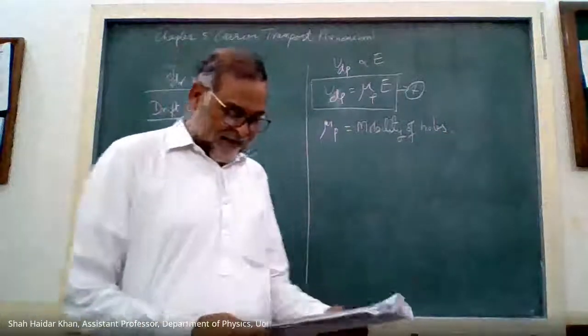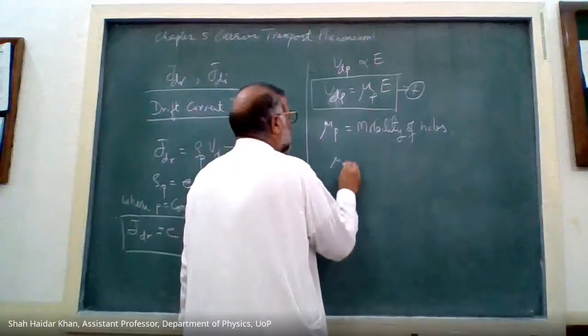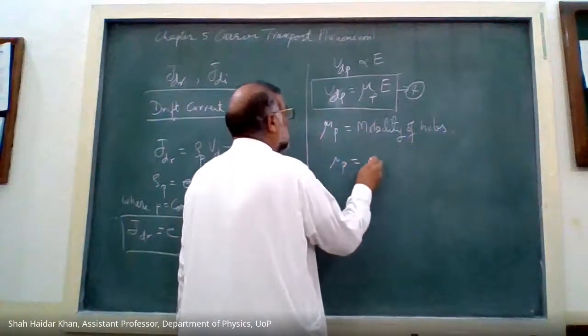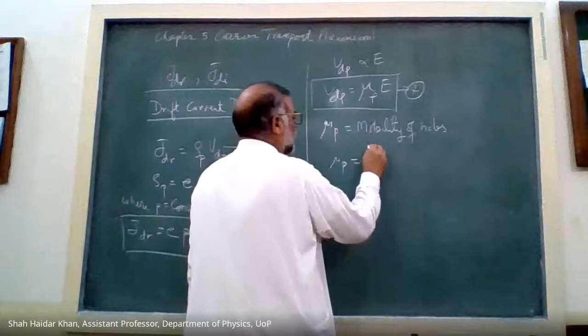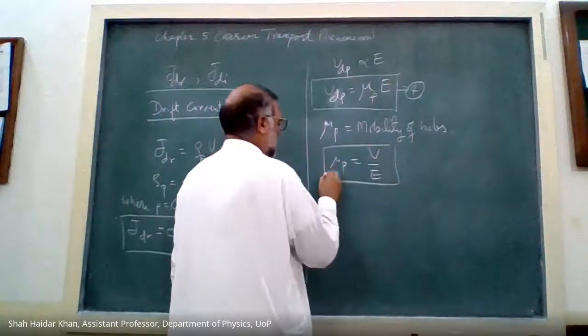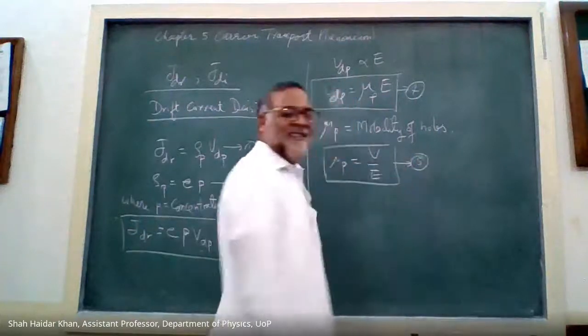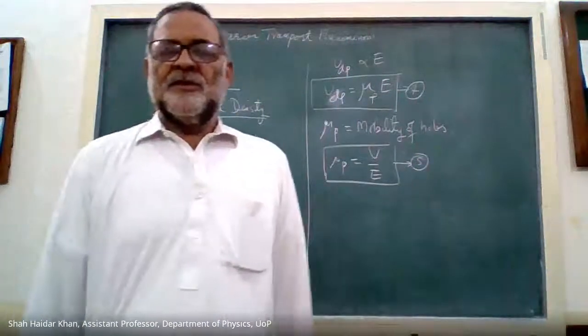We will say, right, that the mobility of holes can be written as V over E. Right, the mobility of holes is equal to that.